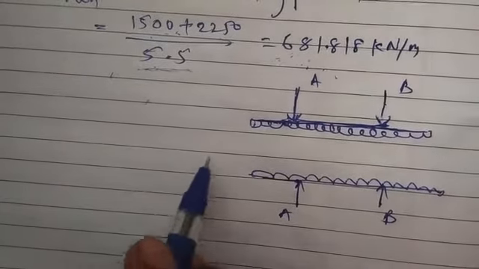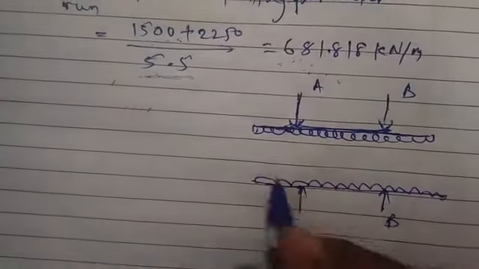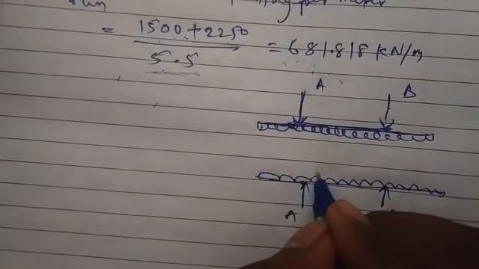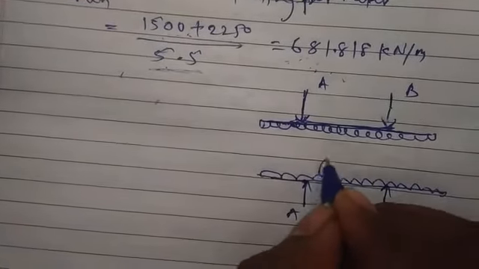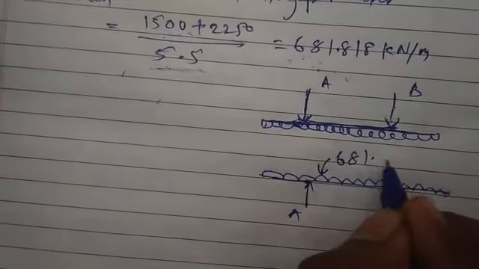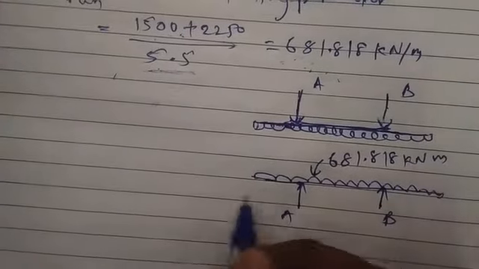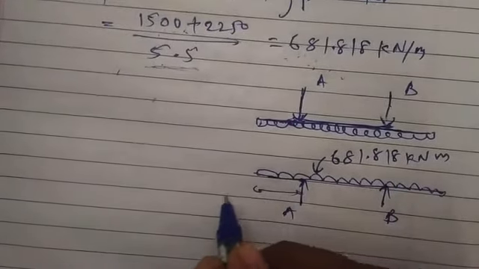Okay, so now what will you do? We'll write the given or computed data. This value of UDL we have calculated, 681.818 kilonewton per meter. This projection is known to us, that is 590 mm.